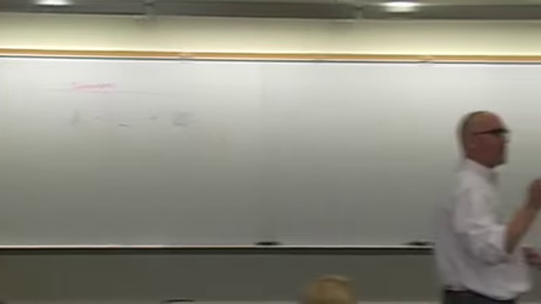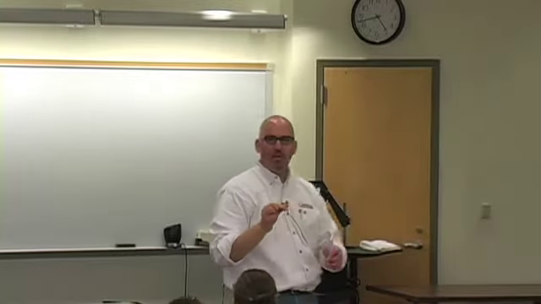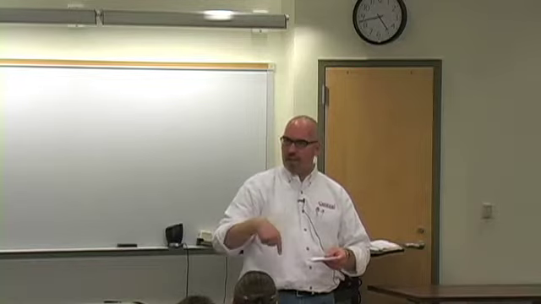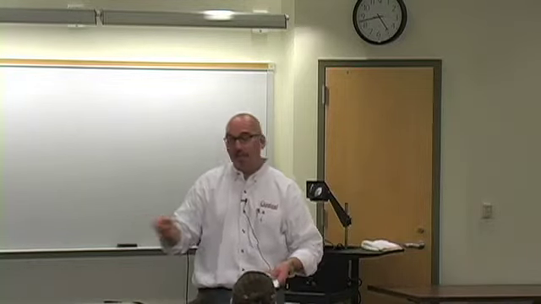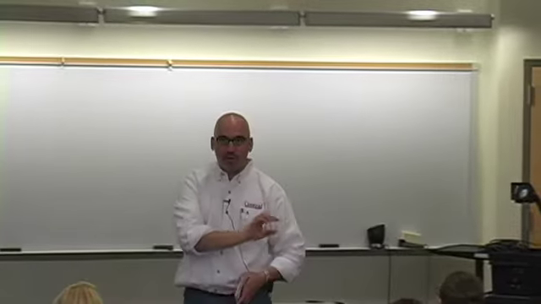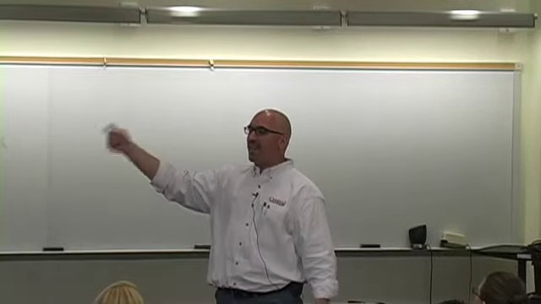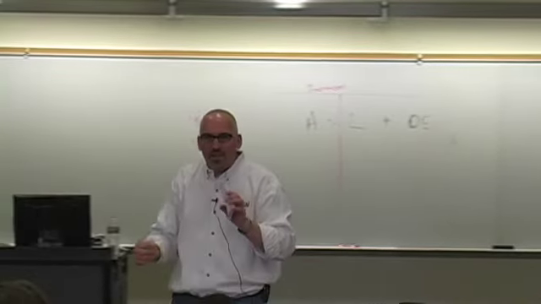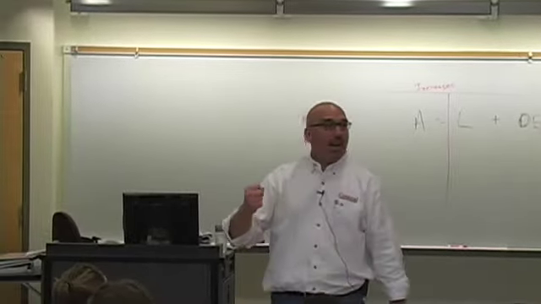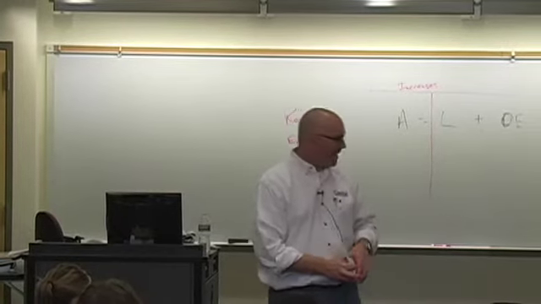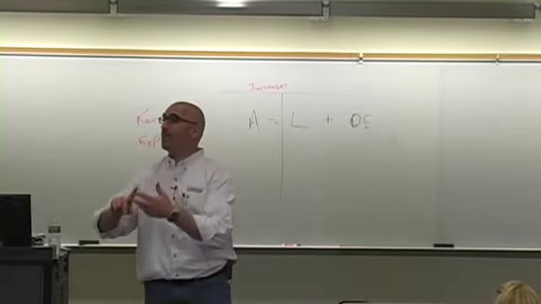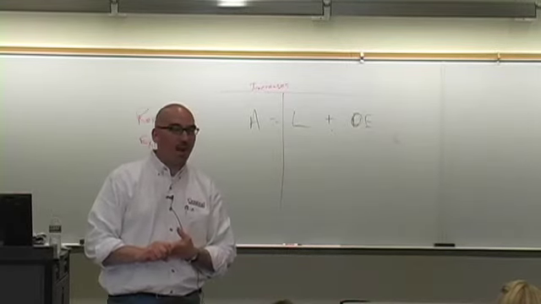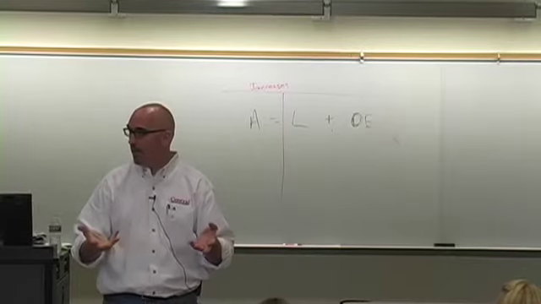Income statement, what phrase appears at the top of the income statement? Do you know? For the period ending? For the period ending, generally for the year ending. For the year ending would be most stereotypically correct, but for the period ending is exactly correct too, because an income statement, along with the statement of cash flows, along with the statement of retained earnings, all of them summarize activity for a period of time.